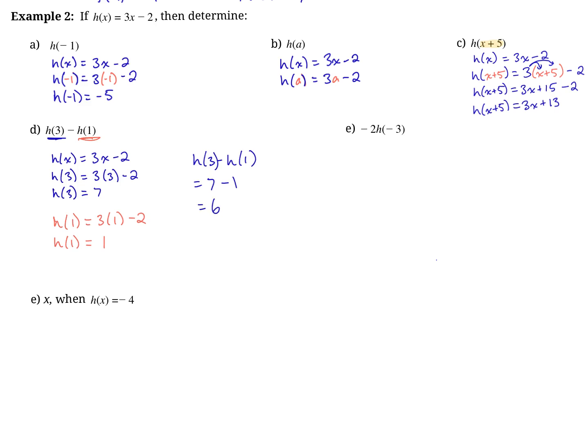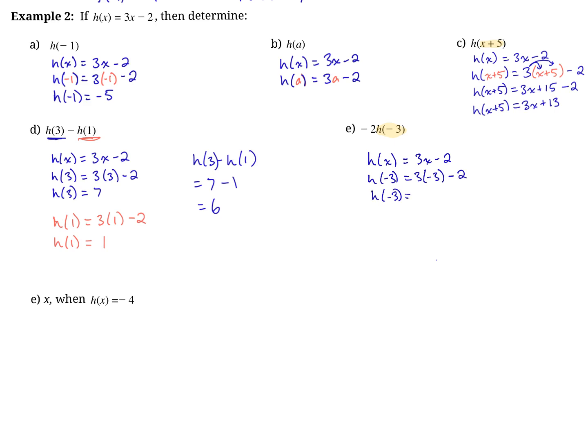So the next question seems a lot different. It's negative 2 times h at negative 3. Now we know how to do this part, h at negative 3. So let's go ahead and just start off by doing that. So our function h at x is equal to 3x minus 2. h at negative 3 is equal to 3 times negative 3 minus 2.